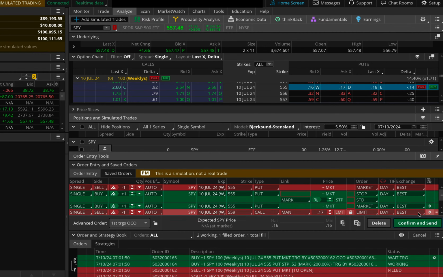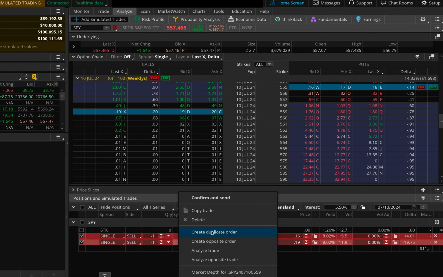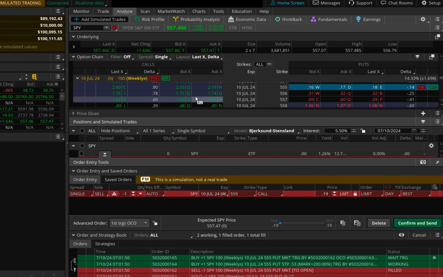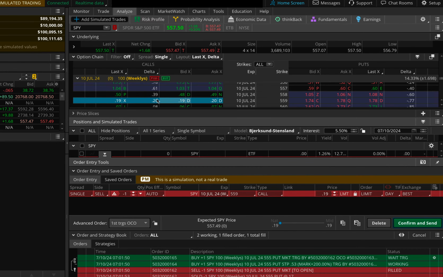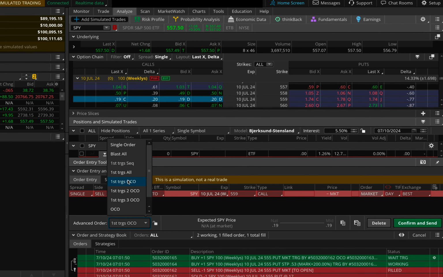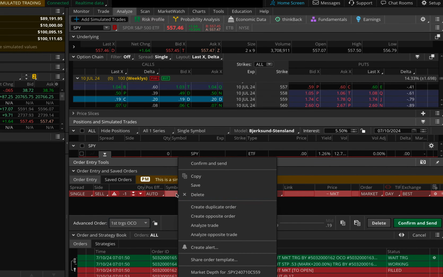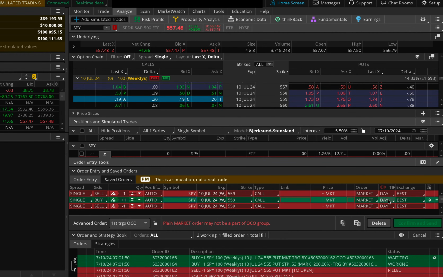Let's make sure that delta is the right one. So 559, the 20 delta. Okay, so we'll make this market, and we'll say first triggers OCO, and we'll say create opposite order.